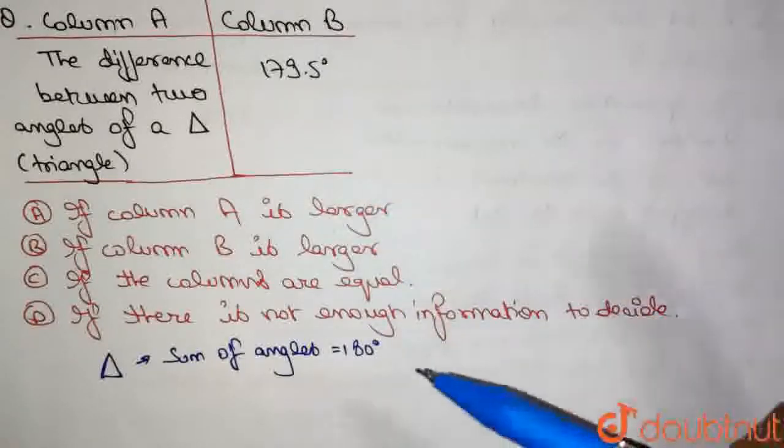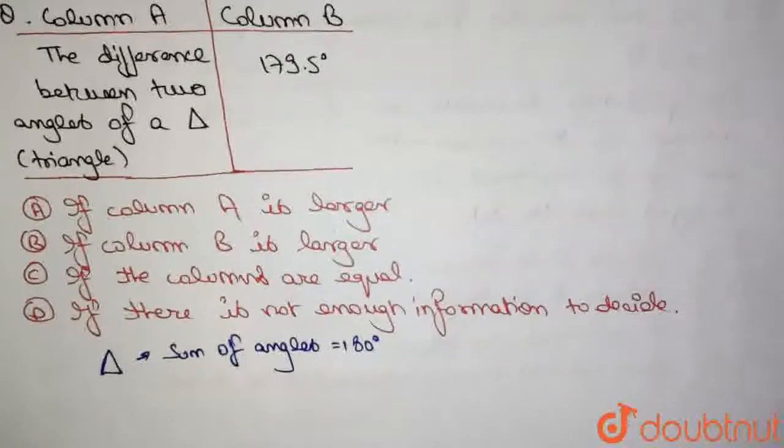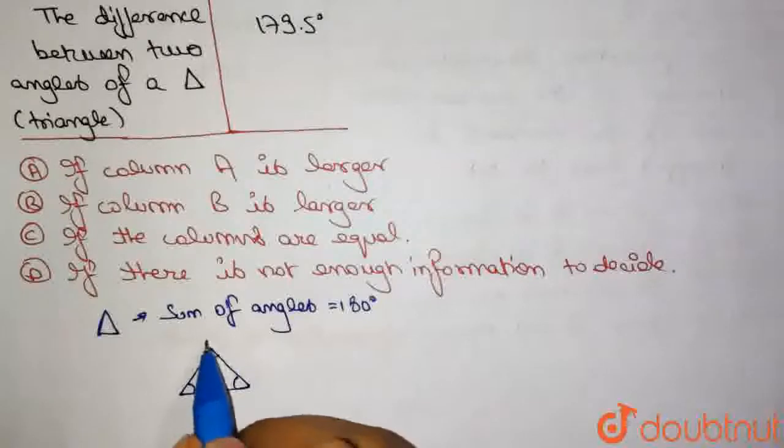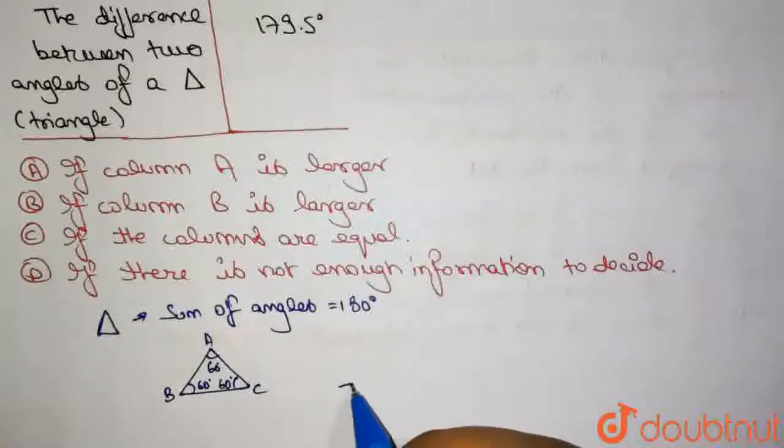But before we mark option B, let us look at a couple of cases. So let me draw a couple of triangles. The first triangle, I'm going to draw such that all three angles are equal. This is triangle ABC, where all three angles are equal to 60 degrees. Now I'm going to draw a second triangle.